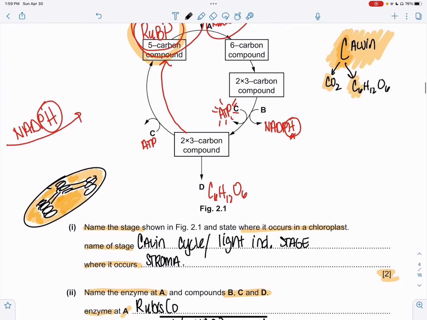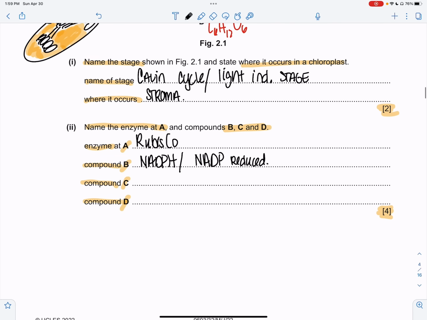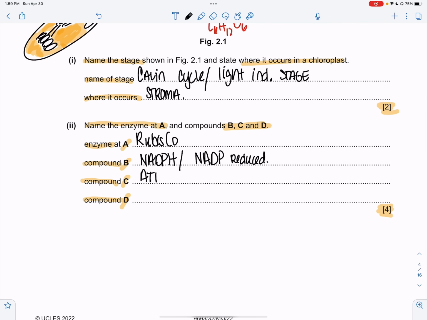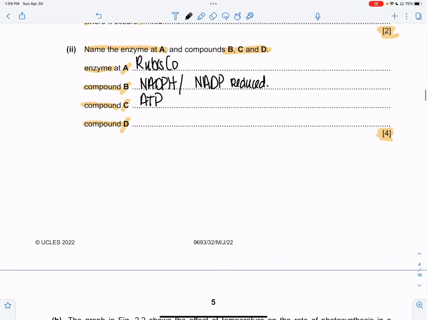The compound at C is going to be ATP. Takes energy to reform the RUBP, which starts this whole thing off. And then the compound at D is what actually gets created and comes out of the Calvin cycle completely. That is glucose.